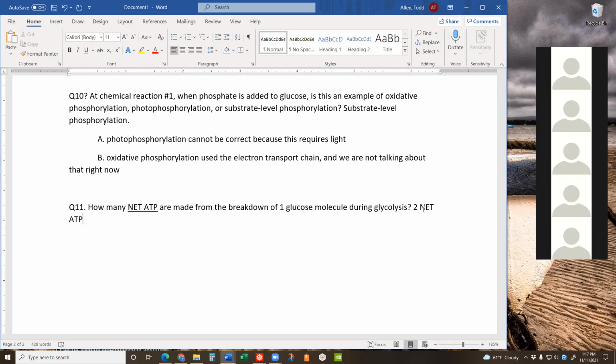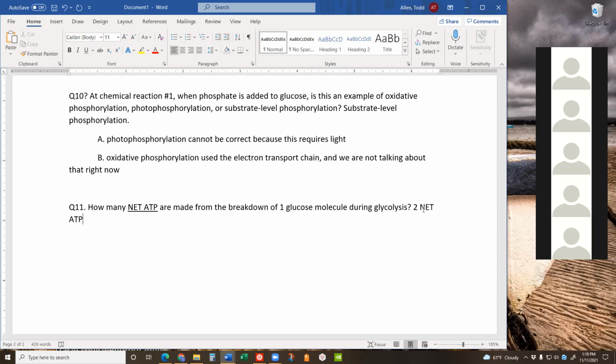When you get to chemical reaction 7, we make 2 ATP, but we've already consumed 2 ATP, so our net energy yield at the end of chemical reaction 7 is 0, because we ate 2 ATP and then we made 2 ATP, so we're starting back at the starting point again.